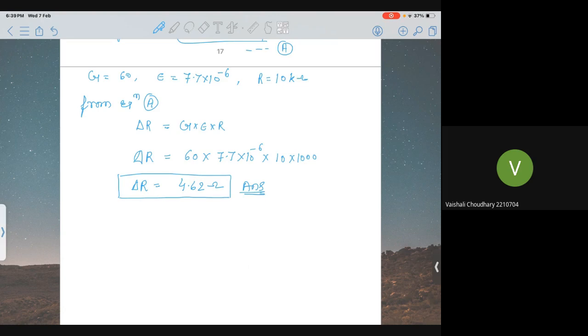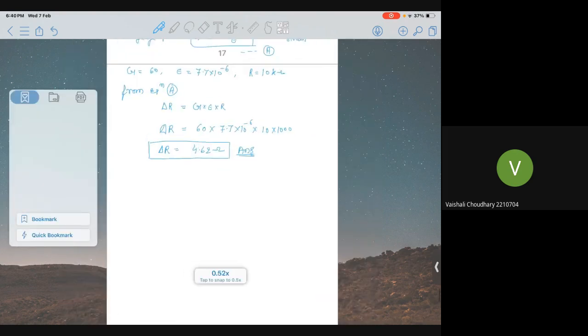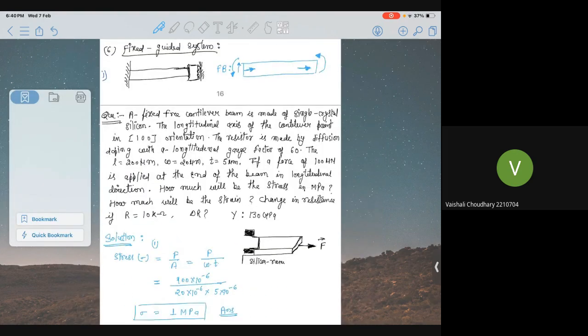It means if the initial resistance of the beam was 10 kilo ohm, by applying the force of 100 micronewton, now the resistance of the material will be 10 kilo ohm plus this change delta R. Okay, this is how you can solve a problem based on a piezoresistive sensor.